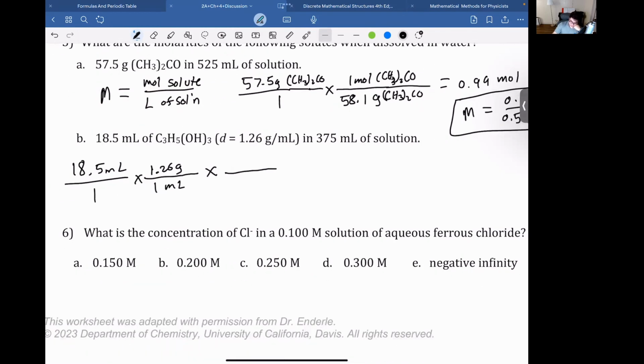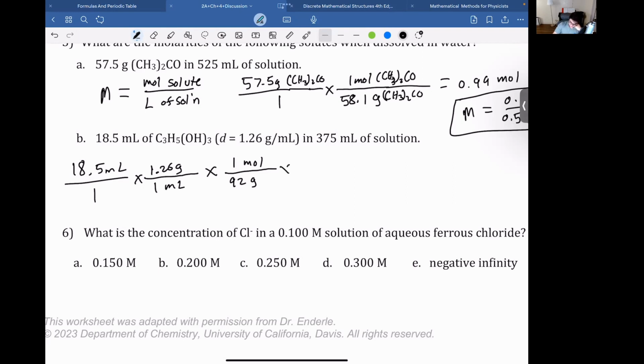Then I have, so what's the molar mass of that? 36 plus 5, 41. 41 plus 17 times 3.0, 51, like 92-ish per 1 mole.